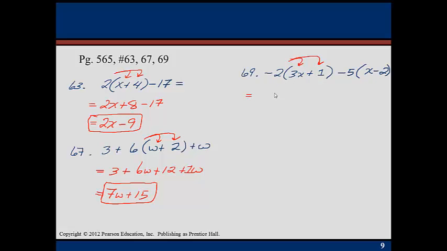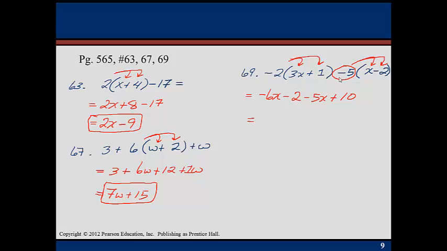So negative 2 times 3x is negative 6x. Negative 2 times 1 is minus 2. And then for the second parentheses, we're going to multiply the negative 5 on the inside. So negative 5 times x, well, that's negative 5x, or you can write it as minus 5x. And then negative 5 times negative 2, well, that's plus 10.